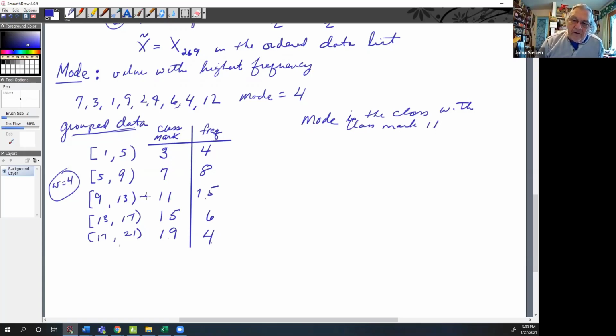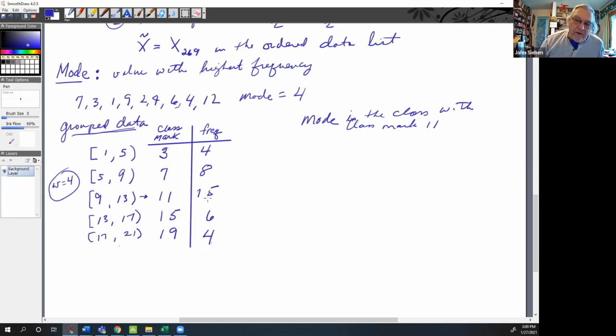Right in here is the modal class, because that's the class that occurs most often. If we get used to looking at frequency distributions, we can also see that the distribution here is kind of symmetrical. It climbs to a high of 15 and then it falls off. And the frequencies are pretty balanced below 15 and above 15.